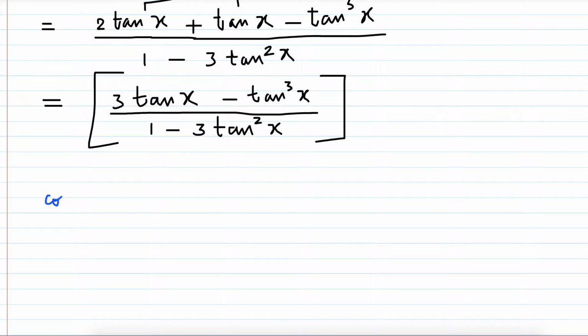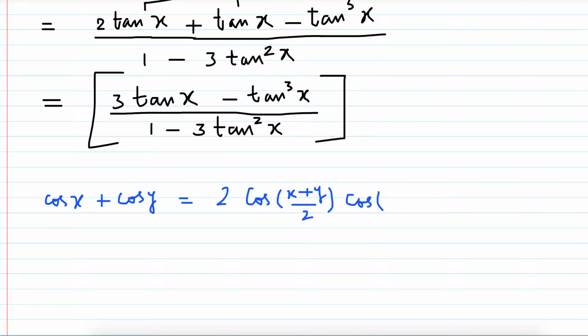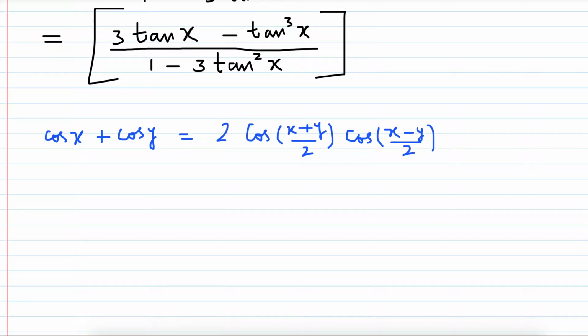We have to prove cos x plus cos y is equal to 2 times cos of x plus y divided by 2 times cos of x minus y divided by 2. So we can start from the right hand side.